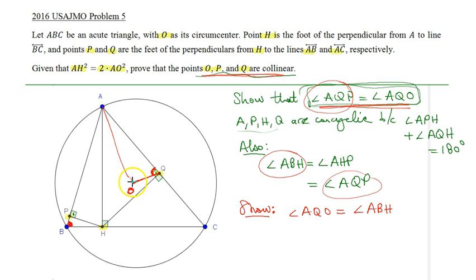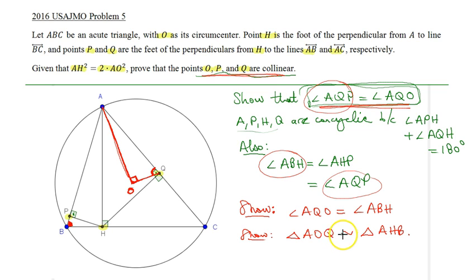I will show that in this triangle AOQ, this angle is actually a 90-degree angle. So I will show that triangle AOQ is similar to triangle AHB, so something stronger. So show triangle AOQ is similar to triangle AHB. And that's exactly what I will do in the next page.